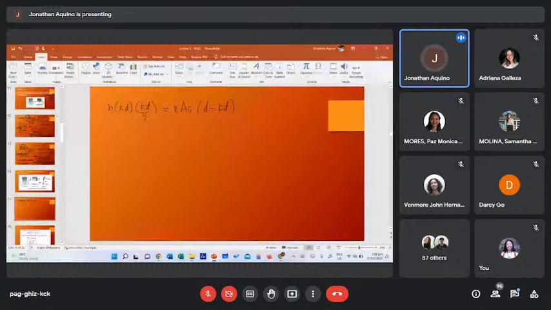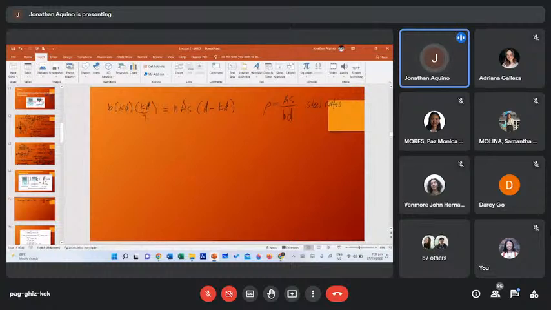Okay. So we can say the reinforcing ratio is equal to As over bd. So ito yung tinatawag natin na steel ratio. So the steel ratio is the total area of tension reinforcing bars divided by the dimensions b and d.